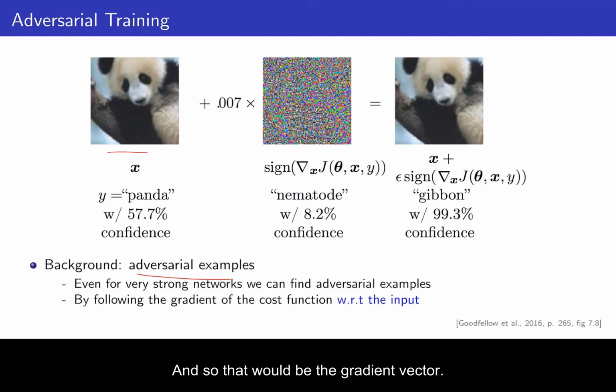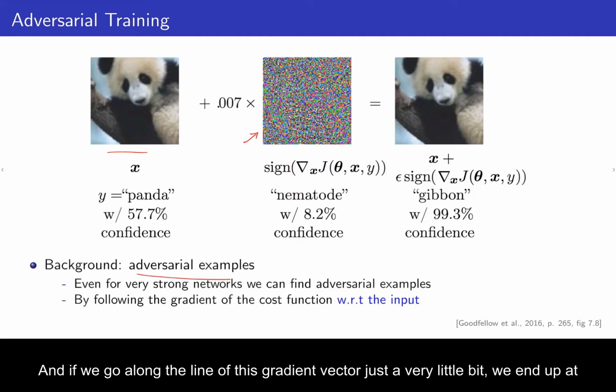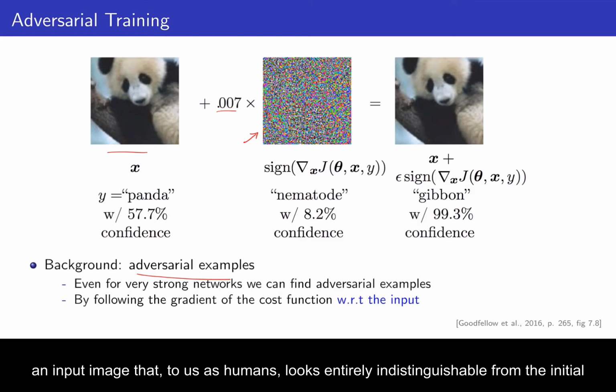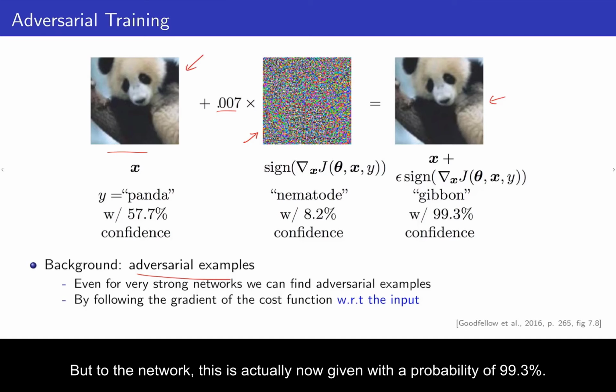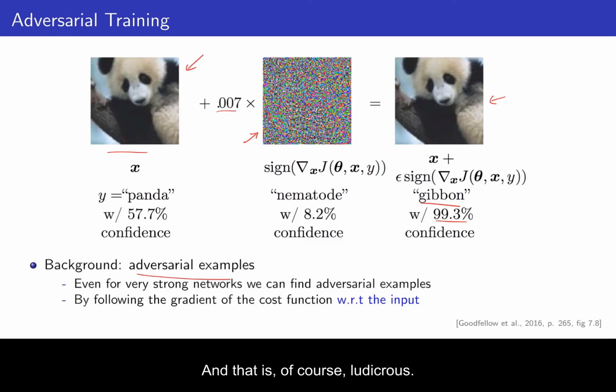That would be the gradient vector. If we go along the line of this gradient vector just a very little bit, we end up at an input image that to us as humans looks entirely indistinguishable from the initial image. But to the network, this is now classified as a gibbon with a probability of 99.3%. And that is, of course, ludicrous.